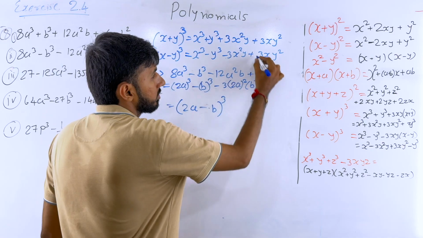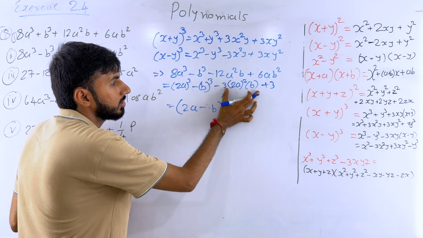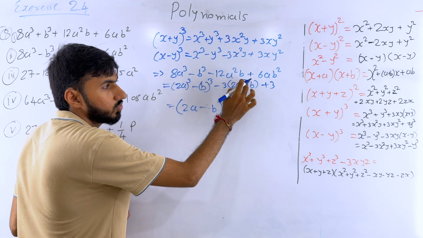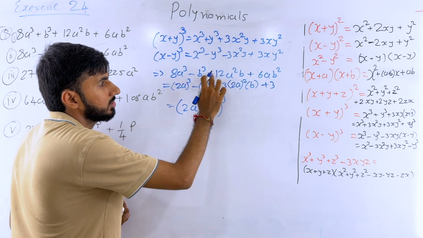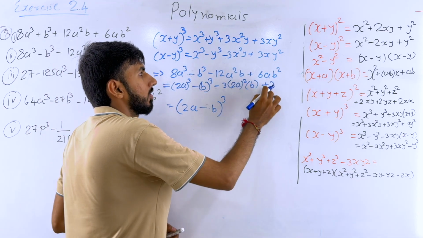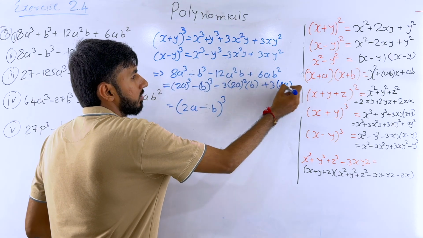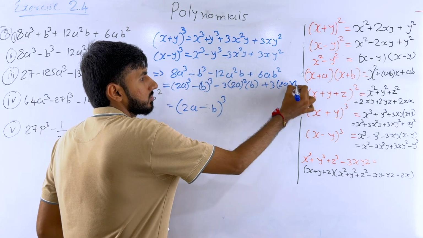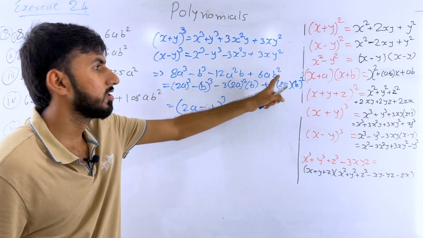Last will be plus 3 as it is. Sorry, you have to compare it with the question, right? So 3 times 2 square, that is 4, 4 times 3 is 12, 12a square b, minus sign as it is, 12a square b, right? So I don't have to worry about signs. Now last will be 3xy square, x is 2a in my question, y is only b. So 3 times 2 is 6a b square, 6a b square.